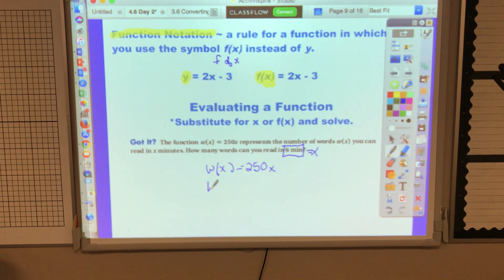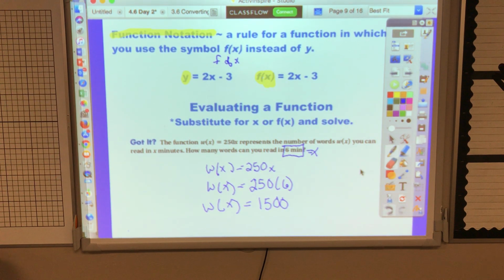So I need to substitute 6 minutes in for x, okay? So we're going to take 250 times x, which is 6. And the words they can read in 6 minutes is 1,500.